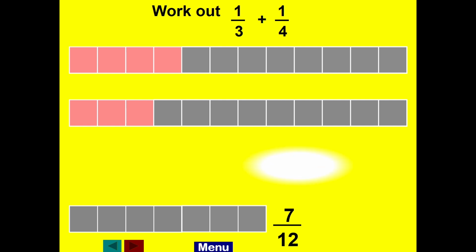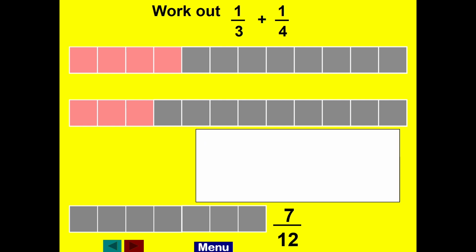But the thing is, whenever we have fractions with different denominators, we don't have to draw boxes to solve the answers. We can also calculate using algebra. Since the denominators are different, you multiply the numerator and the denominator of the second fraction by 3, where 3 comes from the denominator of the first fraction.